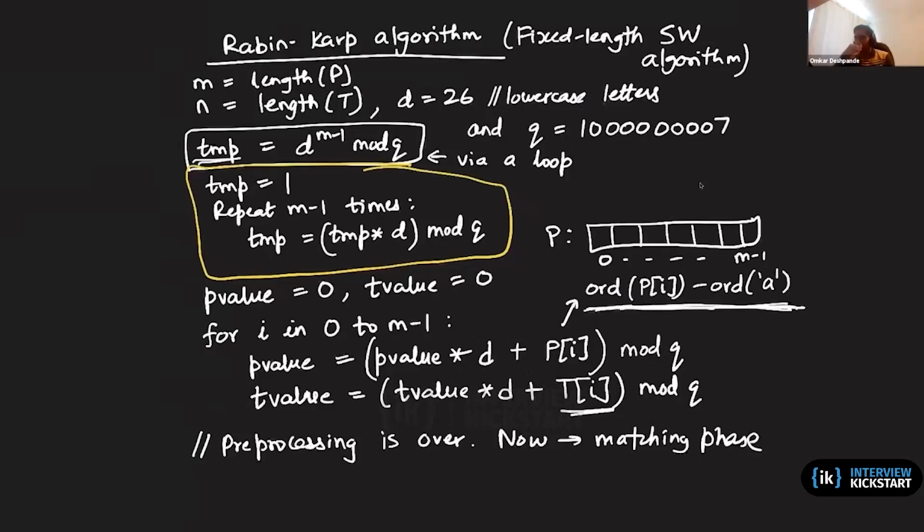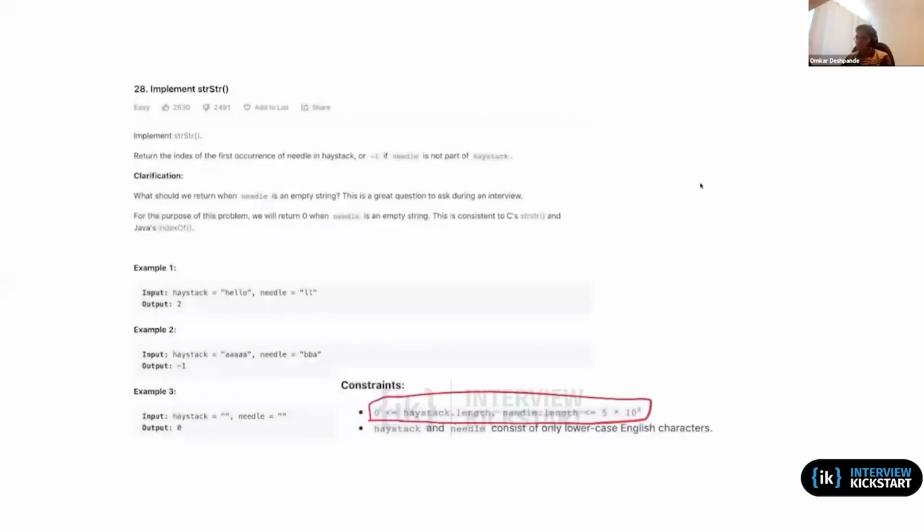Hi, Omkar. I am wondering why we are multiplying by d and not 10, because we are assuming that we are using integers, right? We are assuming lowercase letters here, as you will be given in this problem also. Here you're right, but we are converting it into numbers, right?